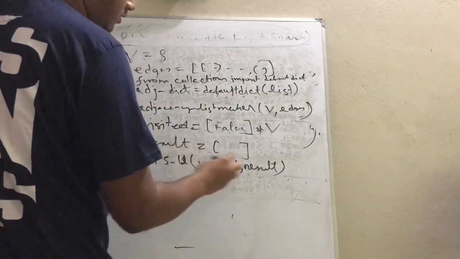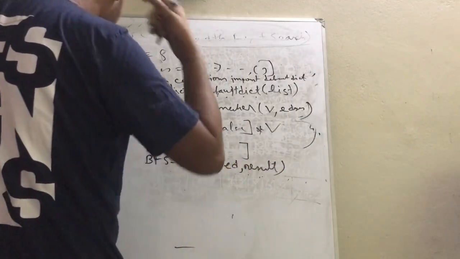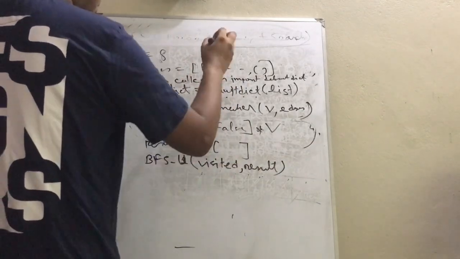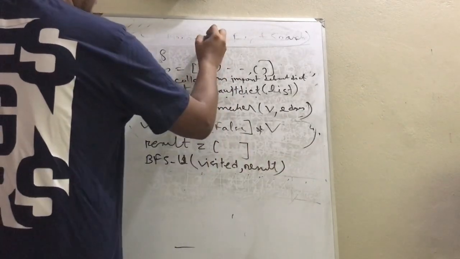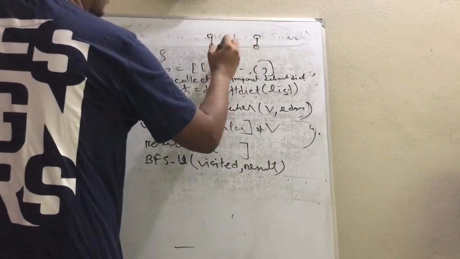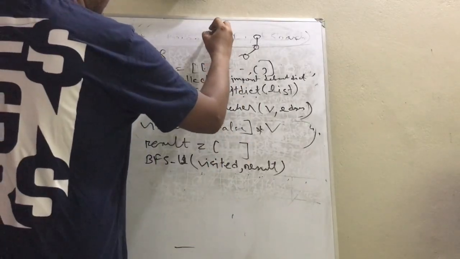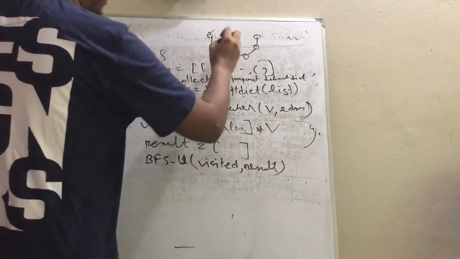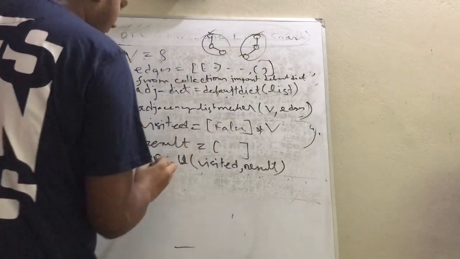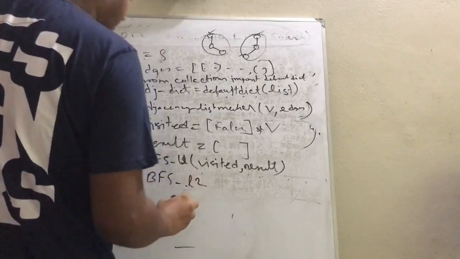In BFS level 1, we pass every vertex and check whether it is already in visited. It is basically used for separate, non-connected components. So if we pass this, then these are all visited, and if we pass this, these are all visited by BFS level 2.